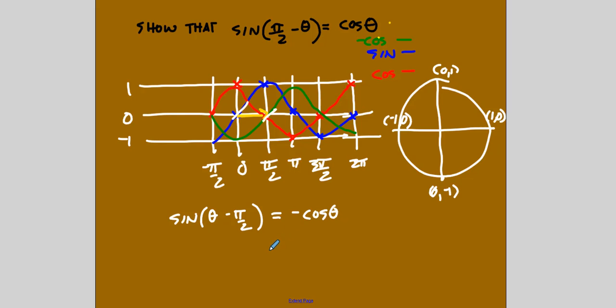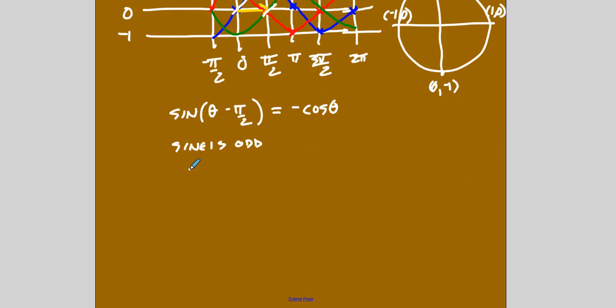Now we got that, but we want pi over 2 minus theta for sine. Remember that sine is odd. Therefore sine theta equals negative sine of negative theta, because it's an odd function. We discussed that earlier.